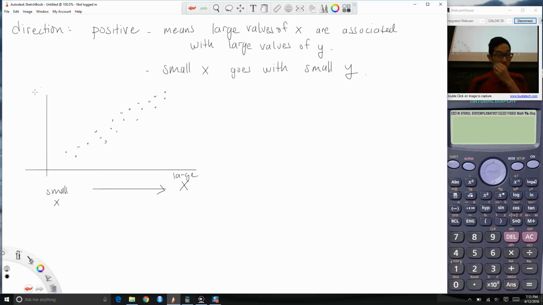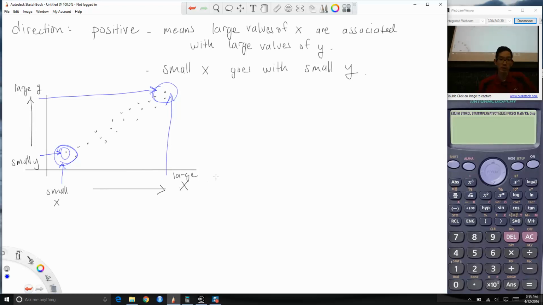And over here you have the y-axis, so you have large y up high and small y down here, and values increase as you go up. And so what you see is that in areas where you have small x, you also have small y. So you have values in this region indicating small x and small y, whereas over here where you have large x, you also happen to have large y, okay?